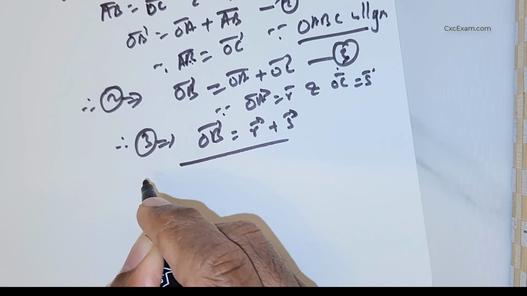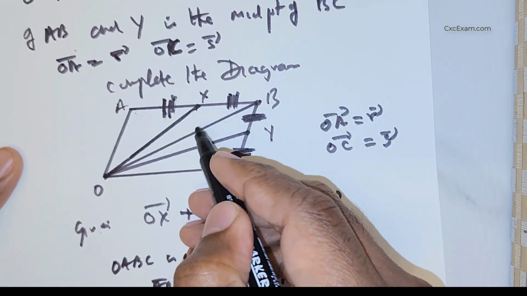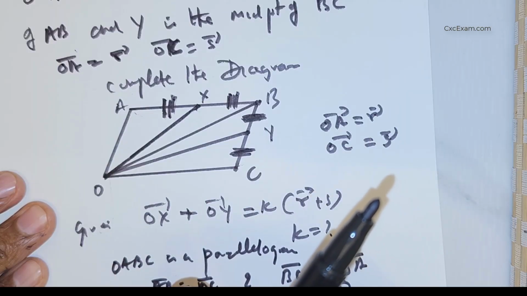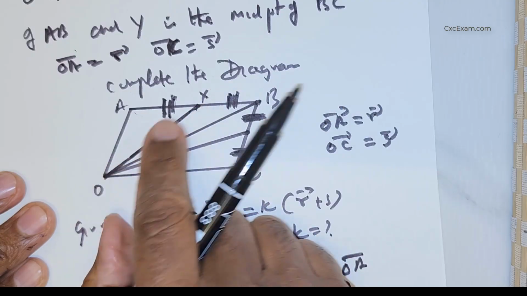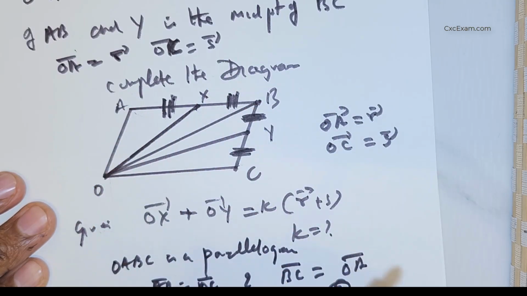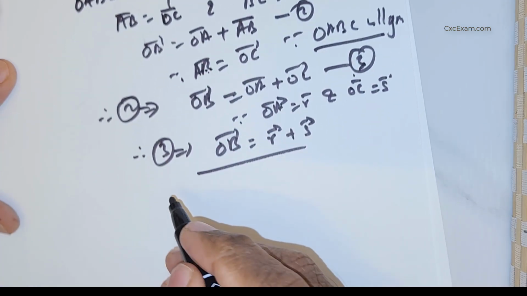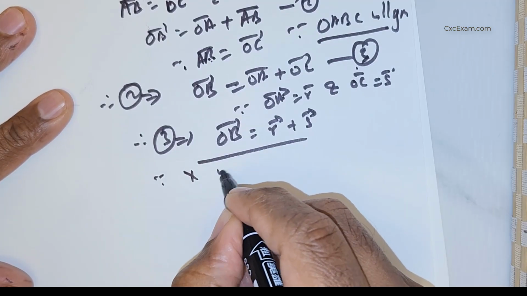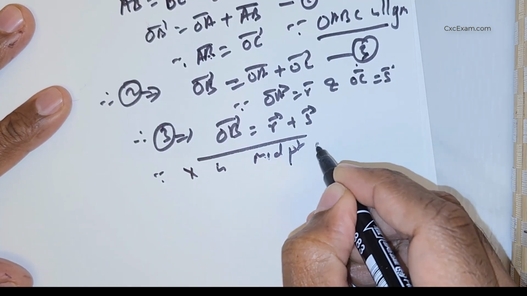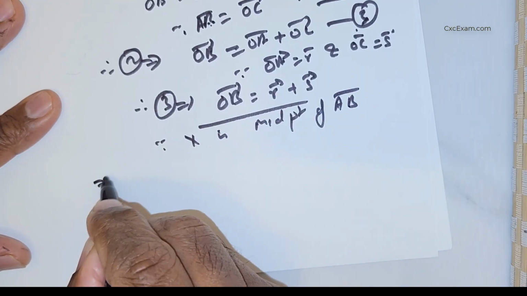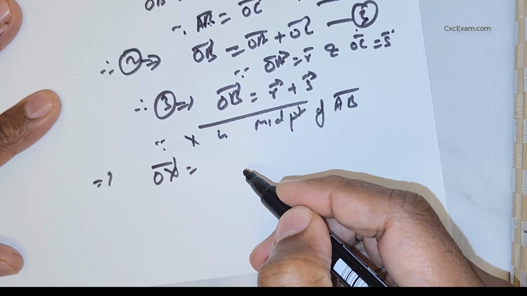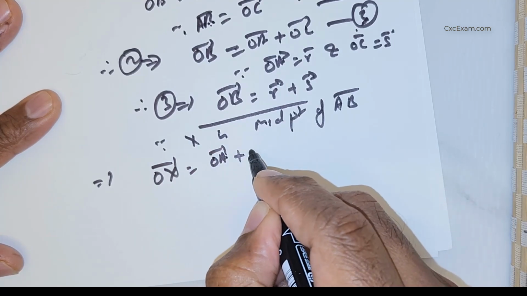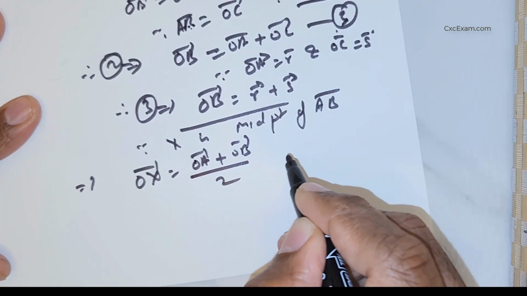Now we have X as the midpoint, so I can connect X with A and B. Since X is the midpoint of AB, this means OX vector is equal to OA vector plus OB vector divided by 2.